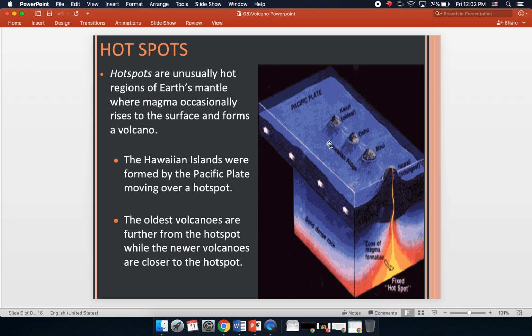This volcano formed into this volcanic island, and then as the plate moved this way, this island was the next to form, and as the plate continued to move that way, this island was the next to form from the hot spot, and then currently this island has formed from the hot spot. So the oldest volcanoes are going to be the ones furthest from the hot spot, and the newest ones are going to be the ones closest to the hot spot.